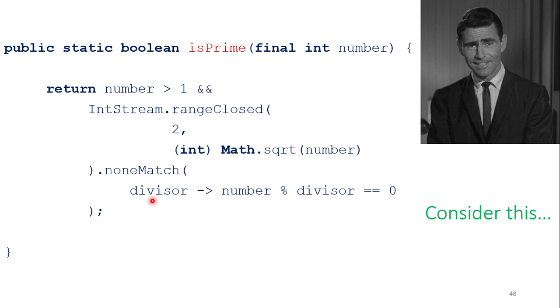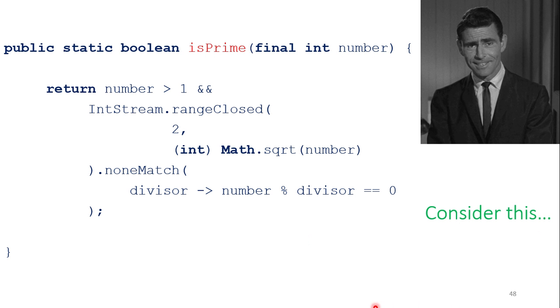So what is my predicate? Give me an element of the stream. I'm going to take number, which was my parameter, the number I want to determine whether or not it is a prime, and try to divide it by divisor, which is the number in the stream. If I find 0 as the remainder, then I return true; if it's not 0, then I return false. The idea of noneMatch is that we check that none of the divisors divide the number.